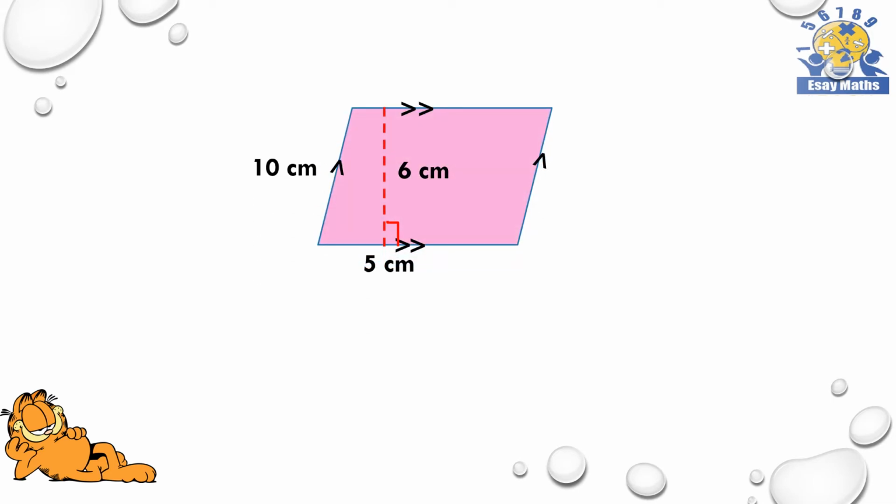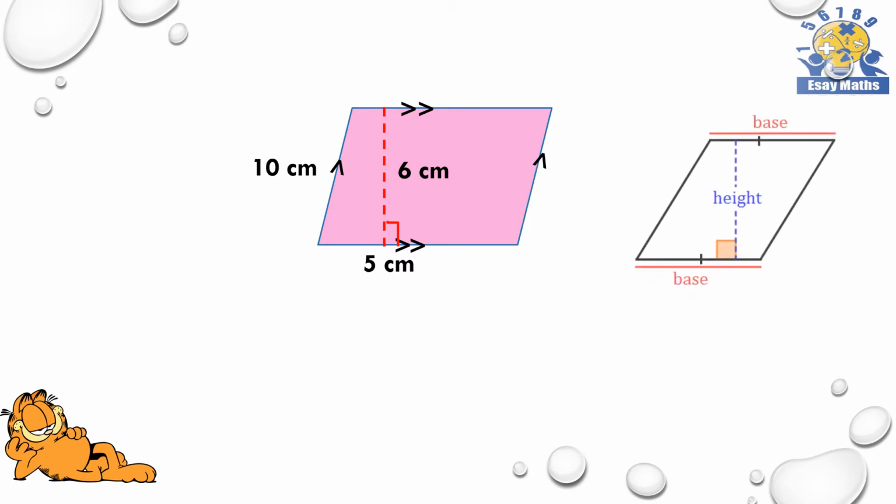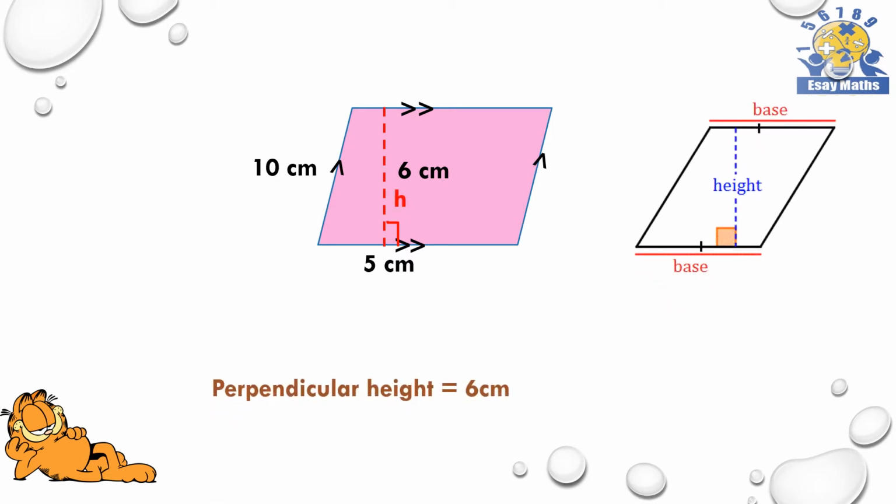Here you can see an example. Okay, now think about this and guess which is the perpendicular height and which is the base. Here you can see a right angle, so that is the perpendicular. It means here the perpendicular height is 6 centimeters.